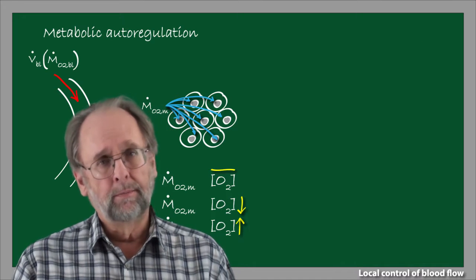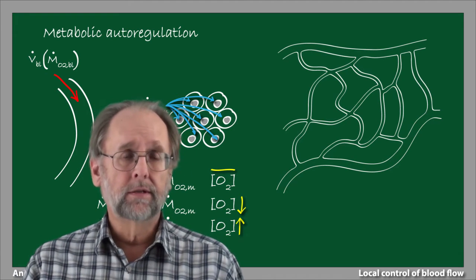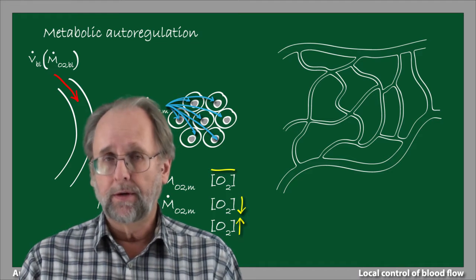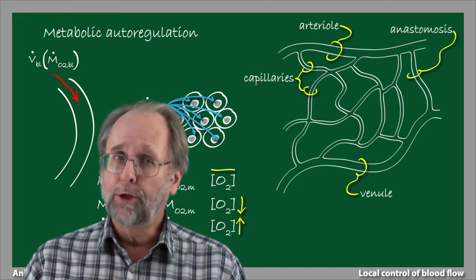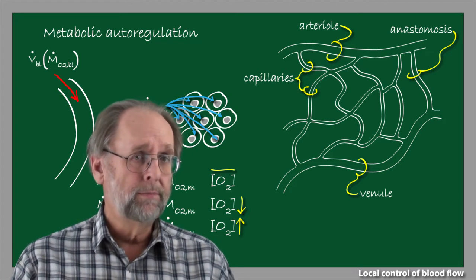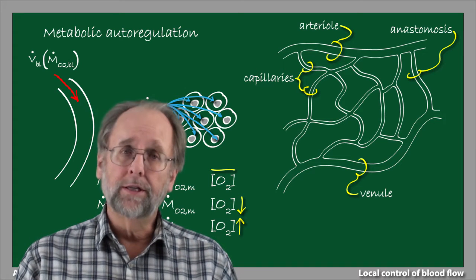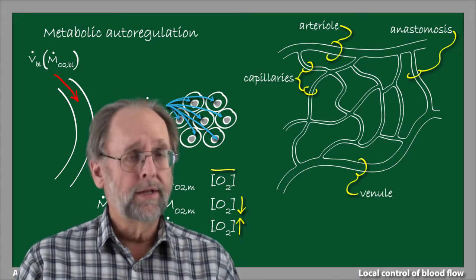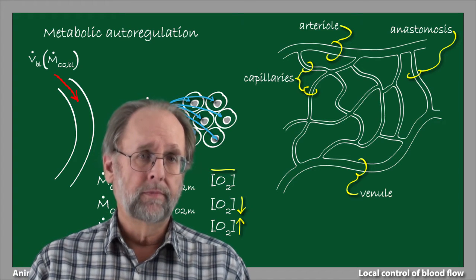Let's take a look at a model vascular bed, which we've seen already in another context. We have cells that are embedded in a matrix of capillaries, which are fed by arterioles and drained ultimately by venules. Blood can either flow through the capillaries or bypass the capillary bed altogether through an anastomosis.